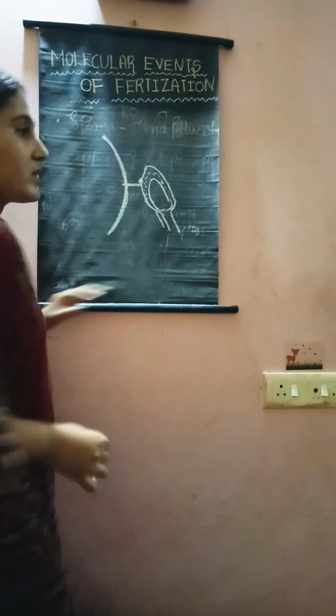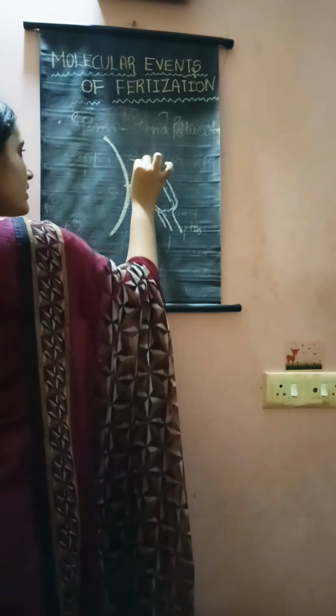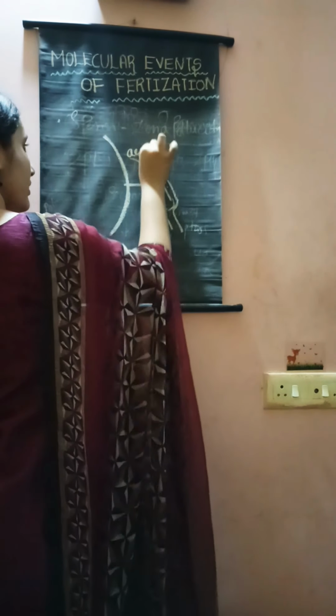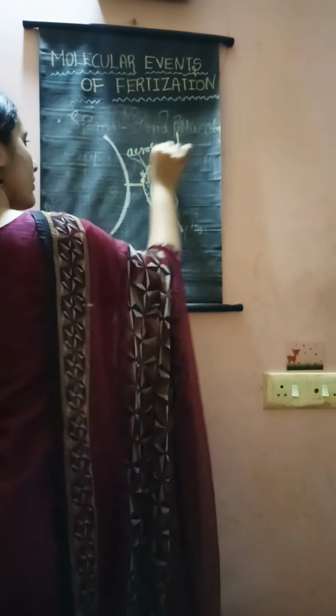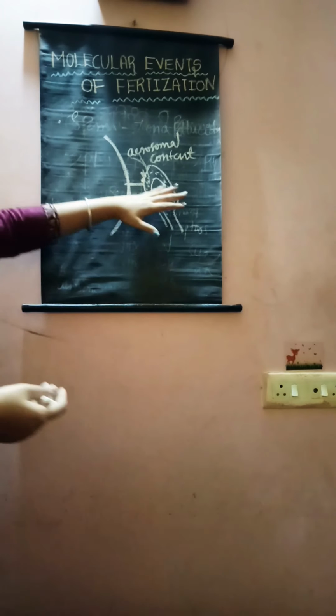Now, when the sperm binds to ZP3, there will be a disruption of the outer acrosomal membrane. This will disrupt and there will be a release of the acrosomal content. The acrosome consists of many acrosomal enzymes.